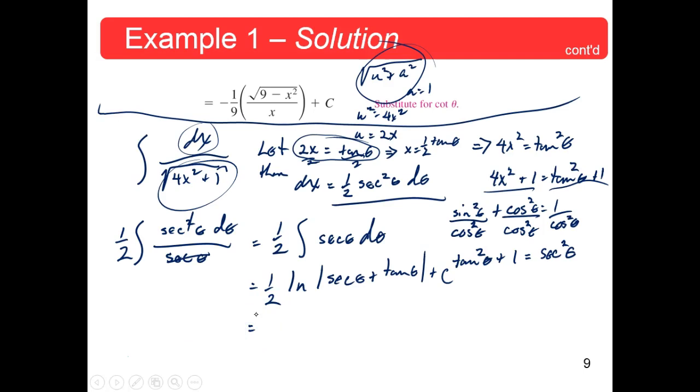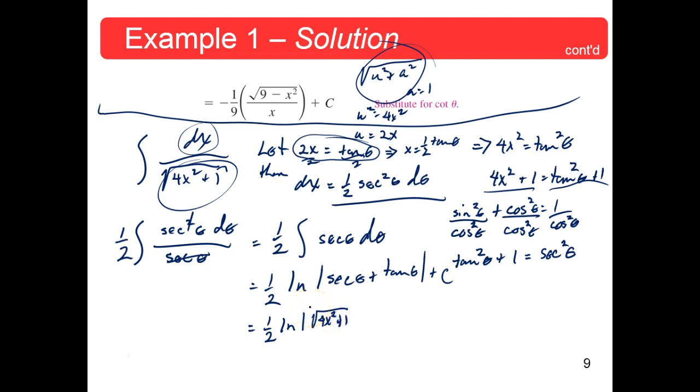So this integral is equal to 1/2 the natural log of, what was secant theta? Someone wrote it. Please tell me you wrote it. It was the square root of 4x squared plus 1.